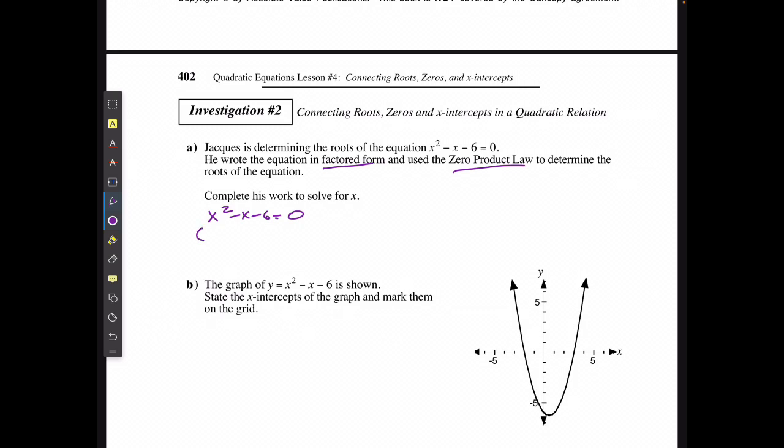So I'm going to say that it's going to be (x minus 3)(x plus 2) equals 0. At this point, I'm going to say that either one factor, x minus 3 is equal to 0, or the other factor, x plus 2 is equal to 0. Here, x would equal 3, and here, x would equal negative 2. And then I can state the roots are 3 and negative 2.